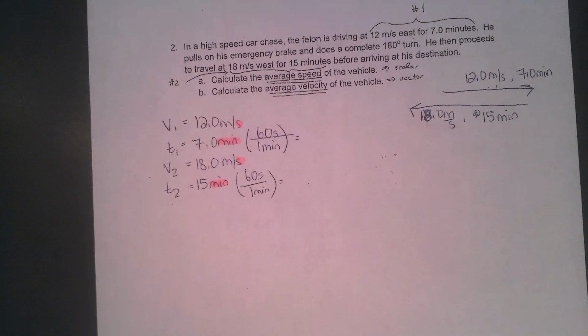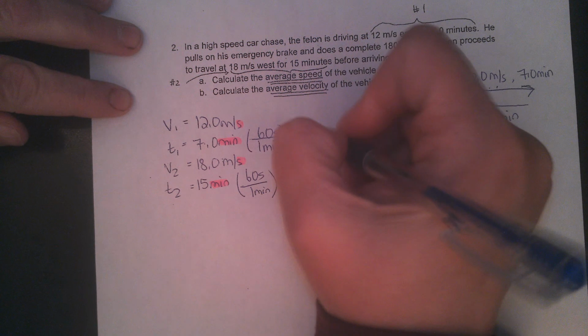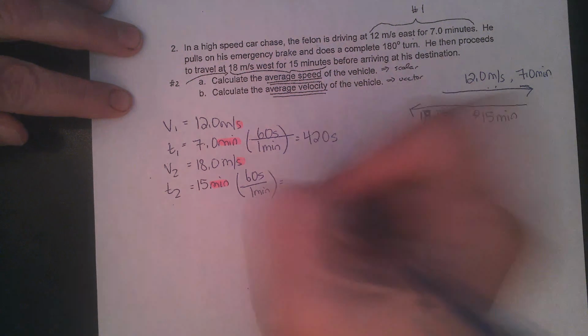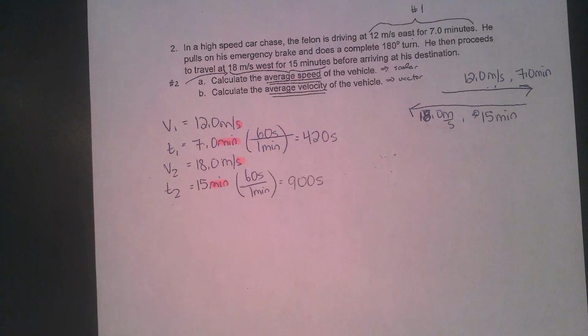Seven times 60. Not sure why I used a calculator. 420 seconds. This is 900 seconds. Okay.